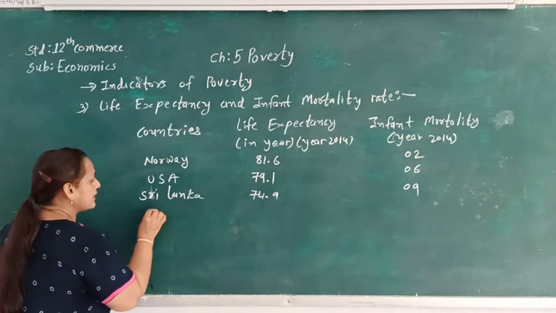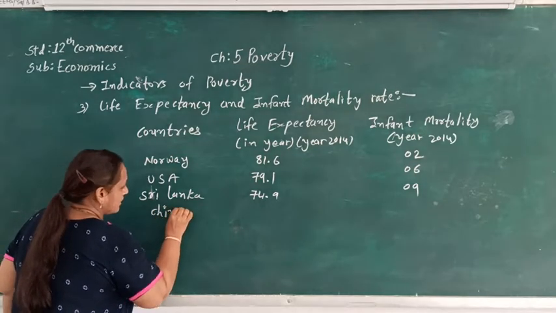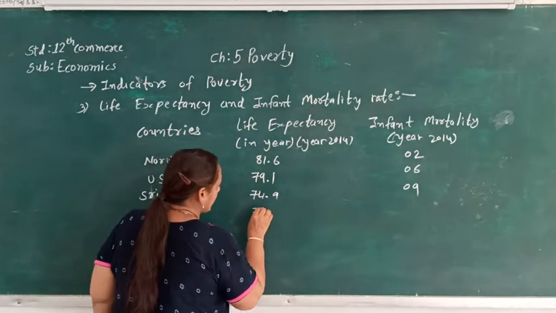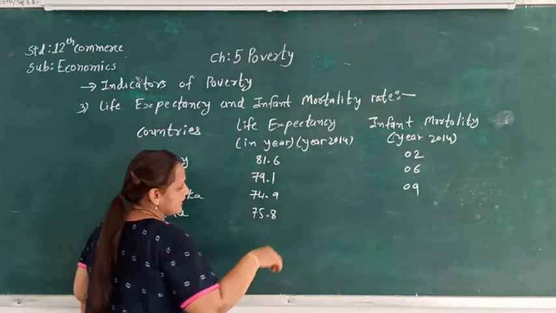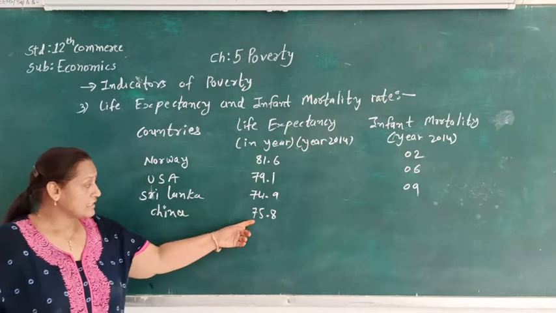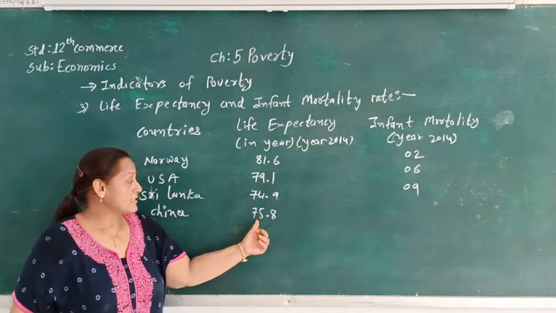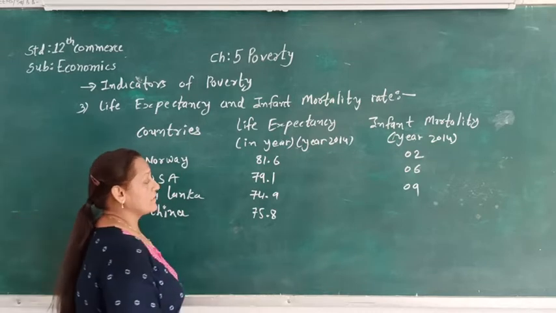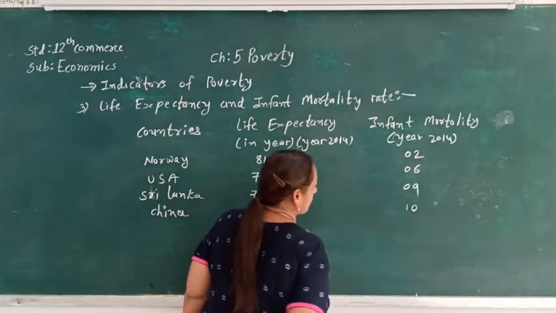And again let's see China. For China, life expectancy is 75.8 years, almost 76 years, and the infant mortality rate is 10 over here.